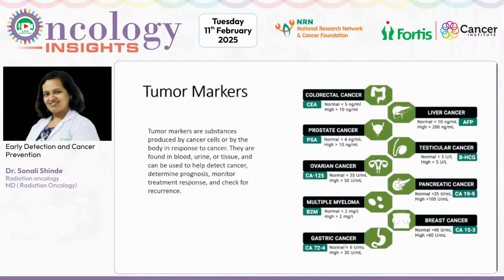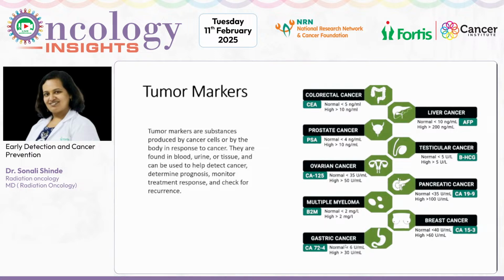The common tumor markers which we use are: for colorectal cancers, CEA; prostate cancer, PSA; ovarian cancer, CA 125; liver cancers, AFP; testicular cancers, beta HCG; pancreatic cancers, CA 19.9; and breast cancer, CA 15.3.